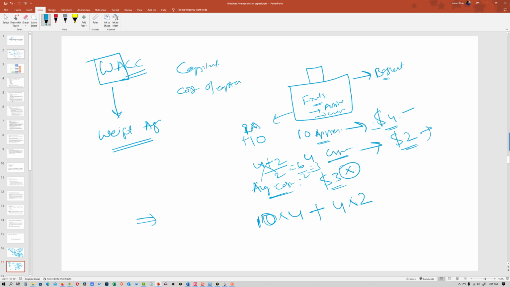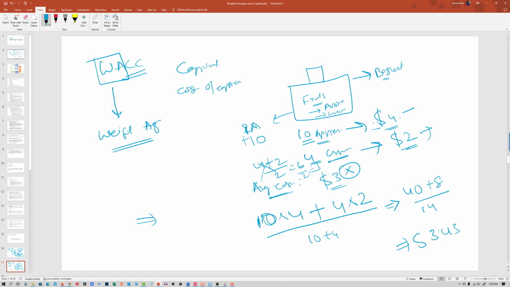Since we are asked to compute the average cost of each fruit, we have to take the total number of fruits that we have. The total number of fruits is 10 apples plus 4 oranges, which makes 10 plus 4, which is 14. So if I compute this, what I'm going to get is 40 plus 8 divided by 14, which gives me a number of around 3.43.